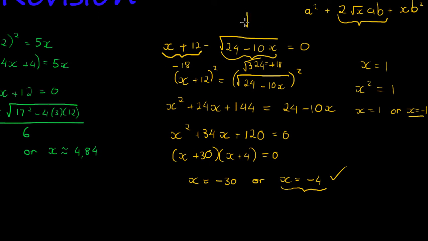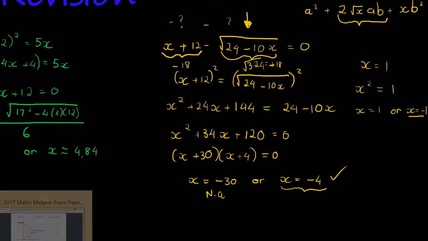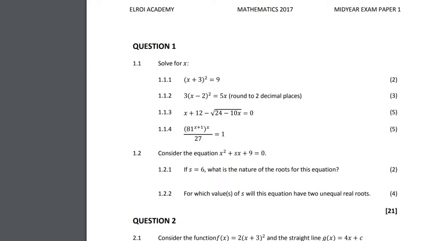This one will always be positive. So if we are subtracting a positive, we can never get a negative answer that I can subtract and then get 0. So that is why in this case this one is not applicable. Yes, it is a solution to the equation, but it is not applicable to this specific question.